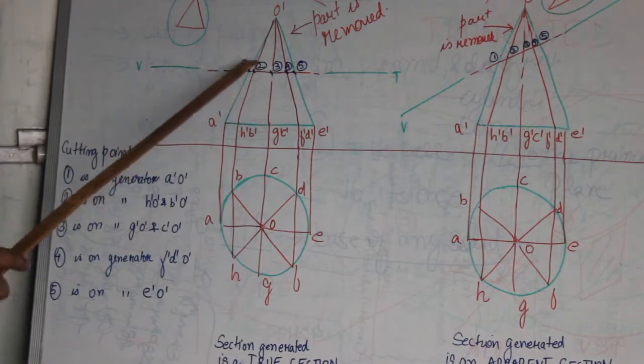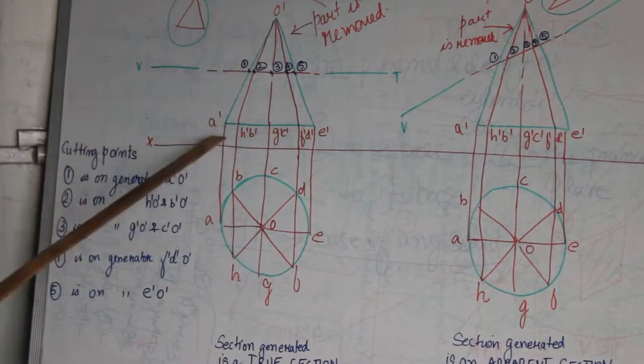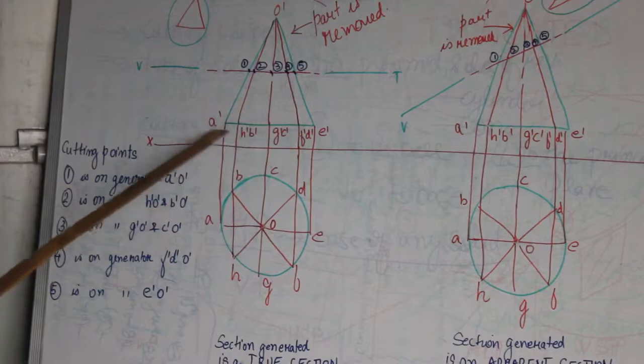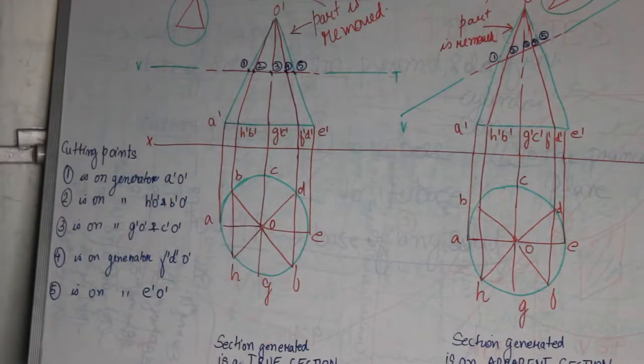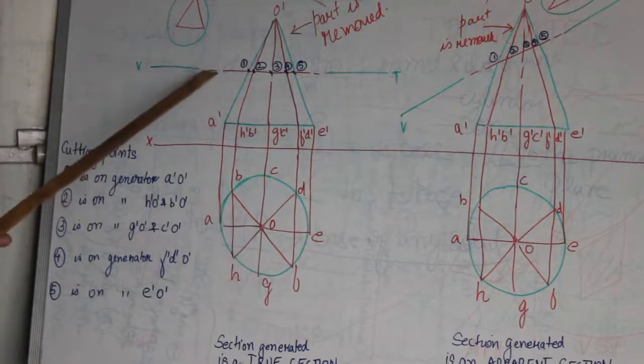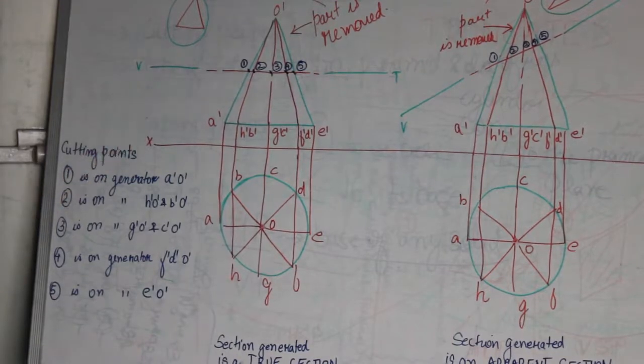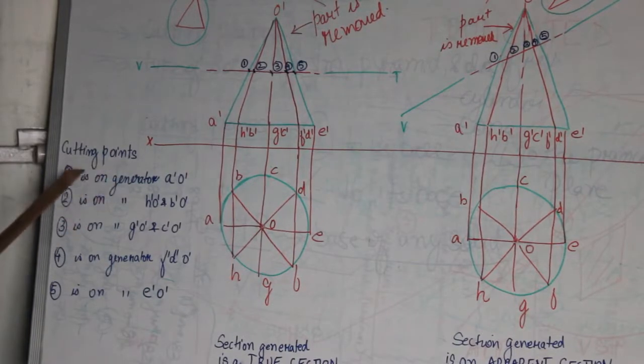So we have shown the boundary of the cone in the front view as A dash O dash and E dash O dash, and the cutting points which we have obtained are mentioned like this. So these are the cutting points.